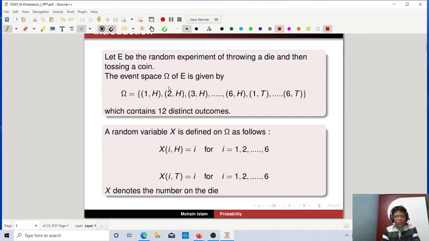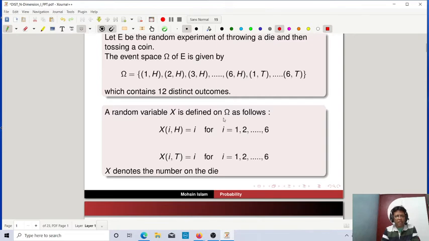So the event space omega of E is given by 1 comma H, 2 comma H, 3 comma H, etc., 6 comma H, and 1 comma T, 2 comma T, 3 comma T, etc., 6 comma T, which contains 12 distinct outcomes.